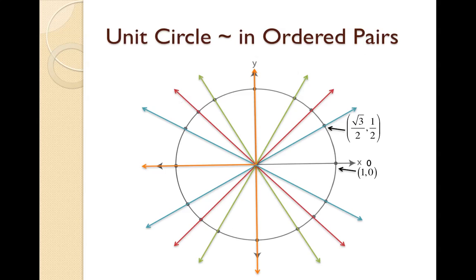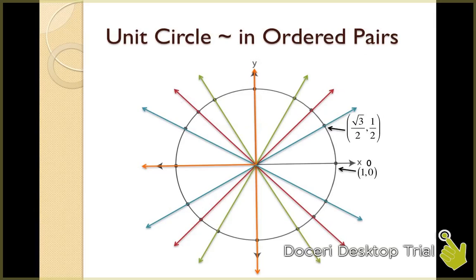Okay, when I get to my next angle, remember this is pi over 6 or 30 degrees. So we've already talked about this. This is a special angle. And we know that the sine of 30 degrees is 1/2. So that becomes our y coordinate.